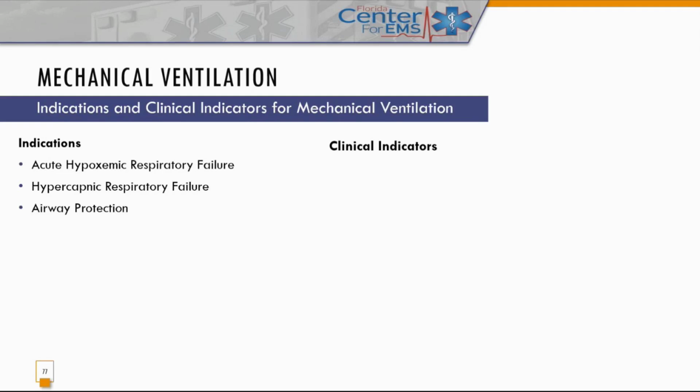Airway protection. A person is not able to protect their airway. They're going to need to be put on a ventilator. Some of these patients, if they're on vents long enough, they'll have trach tubes and go from there. A lot of times they want to get the tubes out of the patient's mouths because of oral hygiene, comfort, and those type of things.